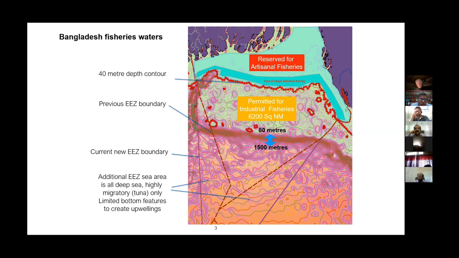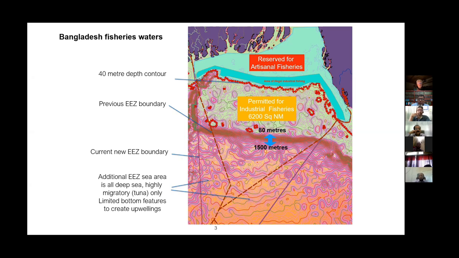One area of the exclusive economic zone of Bangladesh is the deep slope, where the blue arrow is, where the water depth varies from 80 meters down to 1,500 meters. That deep slope area has fish stocks which have been identified by Min Shandani, which do have some additional fishing opportunities.